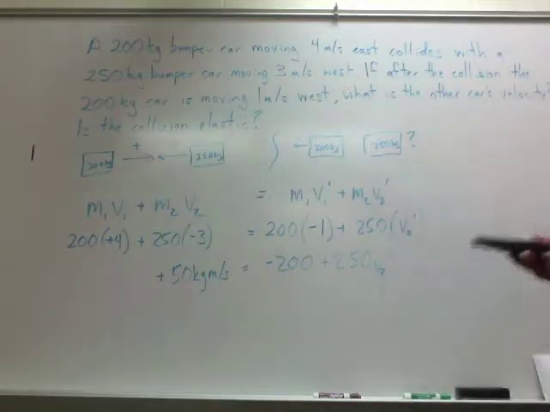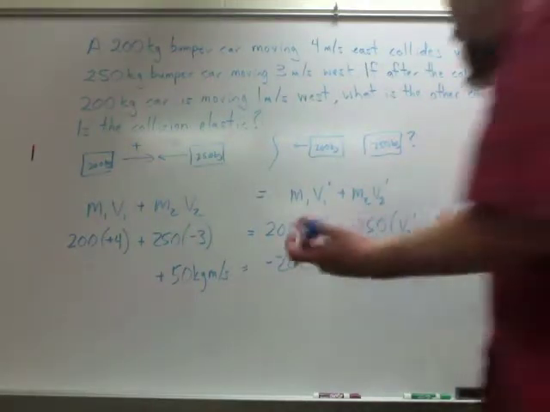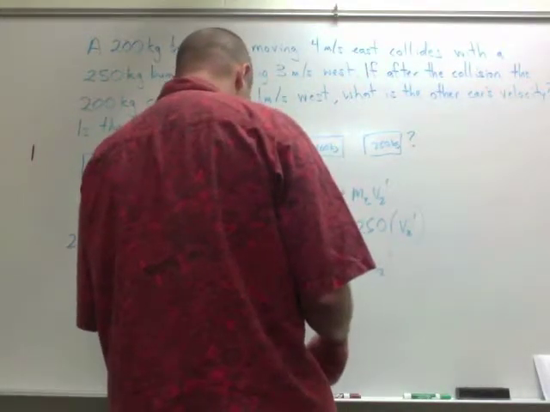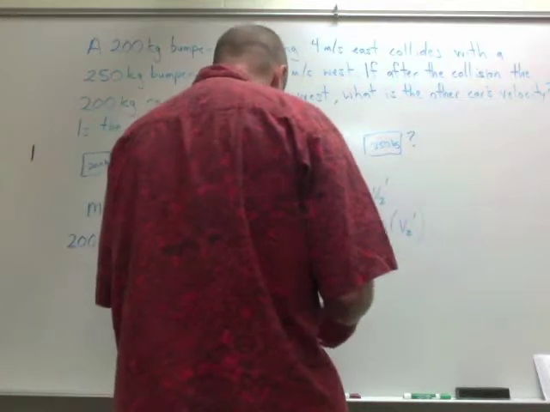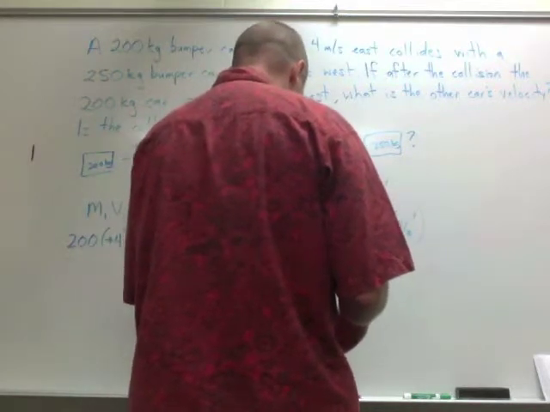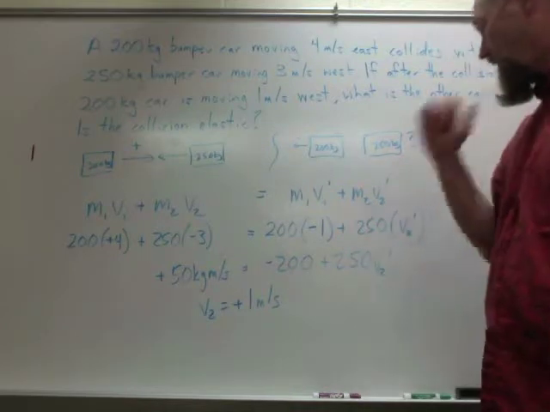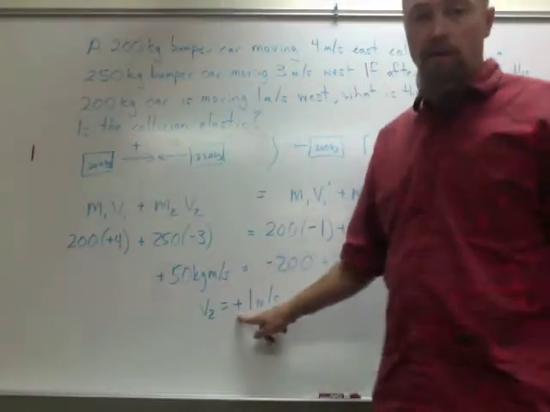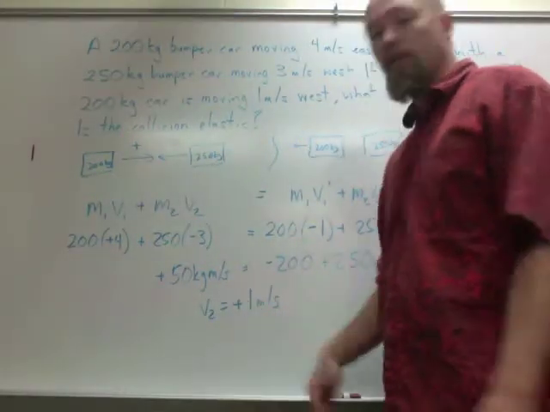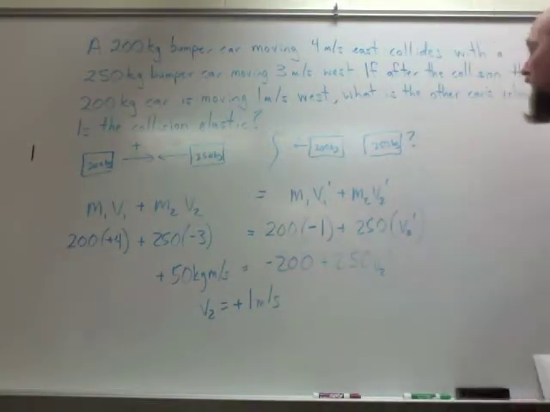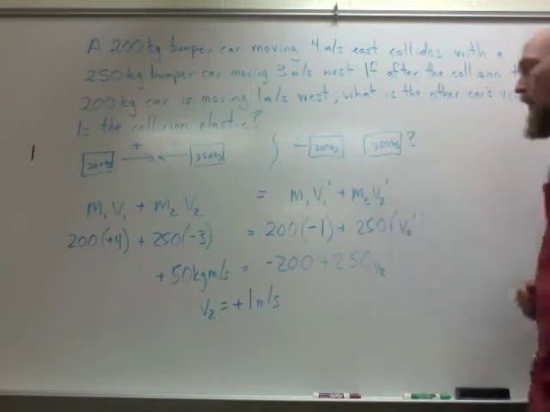Do the math and you get 250 divided by 250. So V2 equals positive 1 meter per second. Let's talk about what this means. It is going east, because it's positive, at 1 meter per second, so it would go that way.